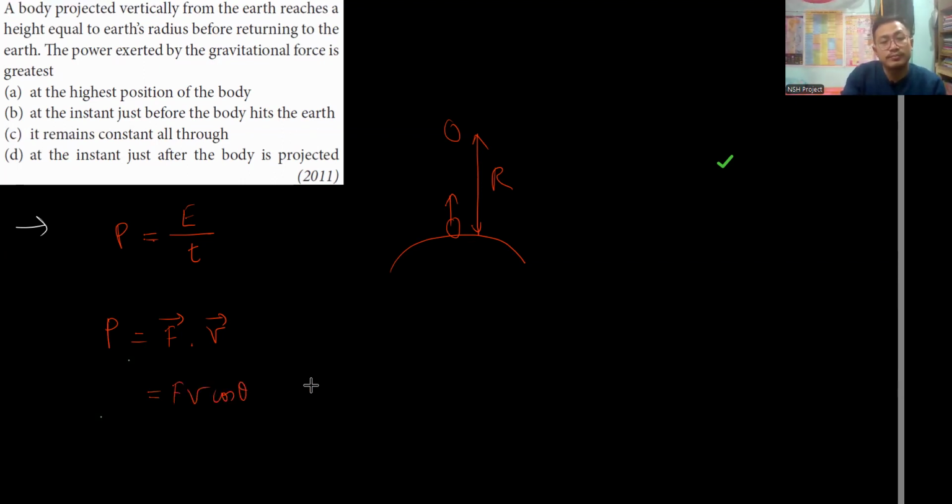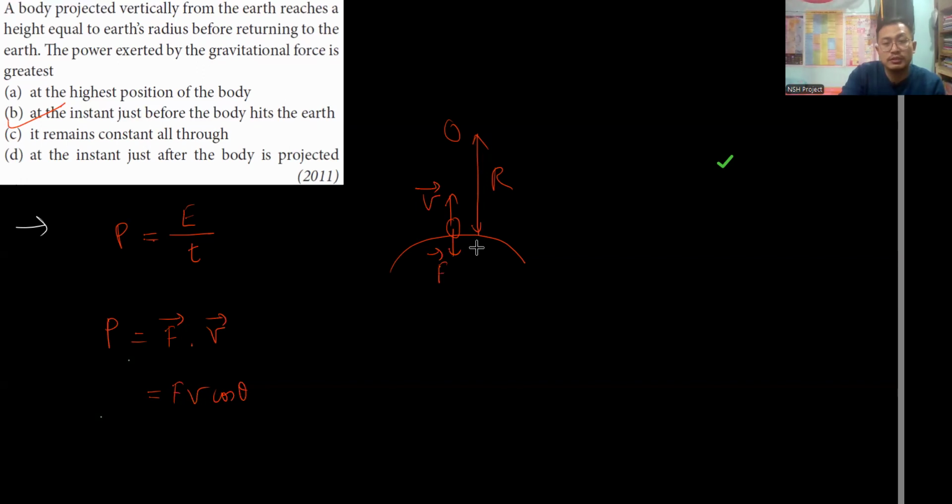At the instant just before the body hits the earth, cos theta is maximum. Just after projection, the force is downward and the velocity is upward, so cos 180 degrees makes the power negative.